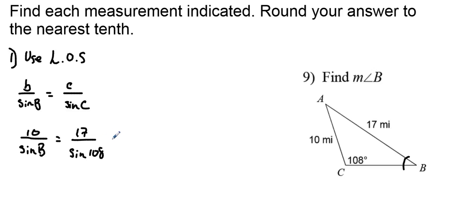I'm not going to go through the whole thing, but you should know how to solve this one because we've done a previous example. All right, let's go to the next problem.